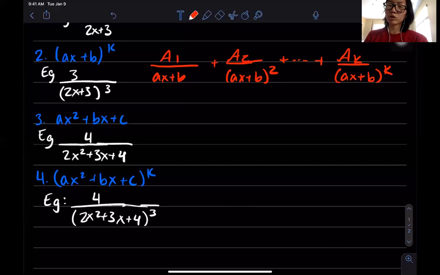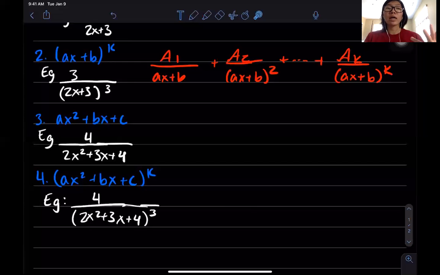So for this example that I've given down here, since my linear denominator is to the power of 3, I would have something like a1 over 2x plus 3, plus a2 over 2x plus 3 squared, plus a3 over 2x plus 3 cubed. And once I'm at cubed, I'm done, right?